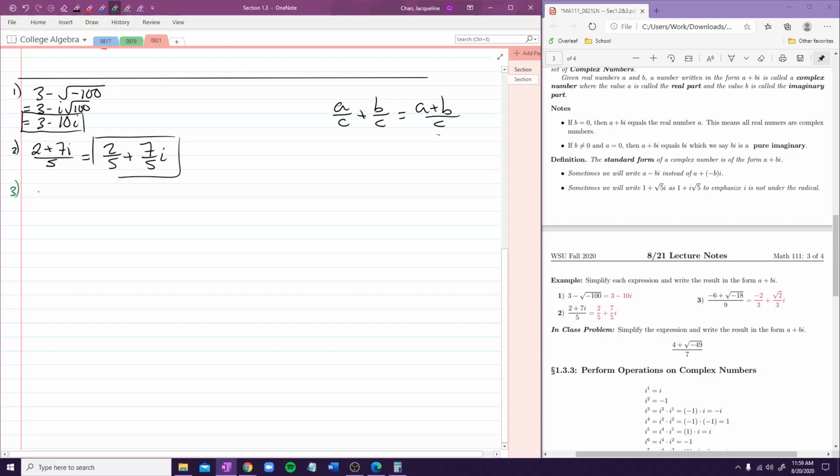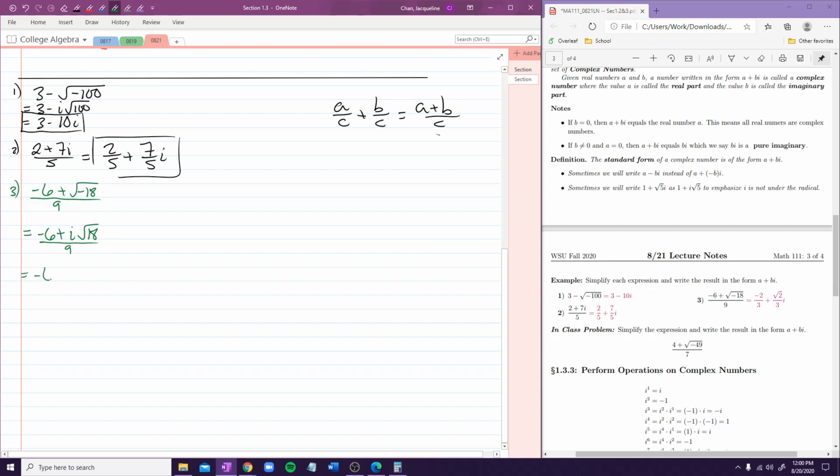Lastly, we have negative 6 plus the square root of negative 18 all over 9. First, let's simplify. As we can see, we have that negative under the radical, so let's take that out, and we have the square root of 18. I'm going through these squares, and I get the perfect square 9 goes in here perfectly.